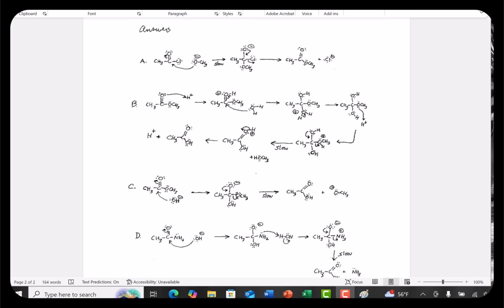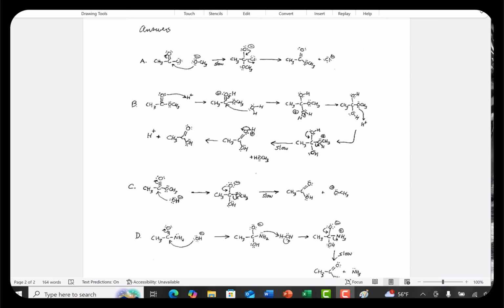Now remember, when you have an acid chloride, the addition step is going to be rate determining, so I've got that first step labeled slow. The second step is ejection of the leaving group from the tetrahedral intermediate. That's going to be a fast step, and that gives you the product, an ester. All right, so let's go to the next problem.